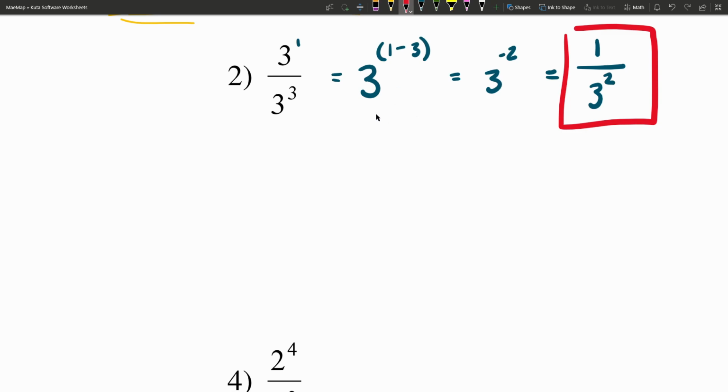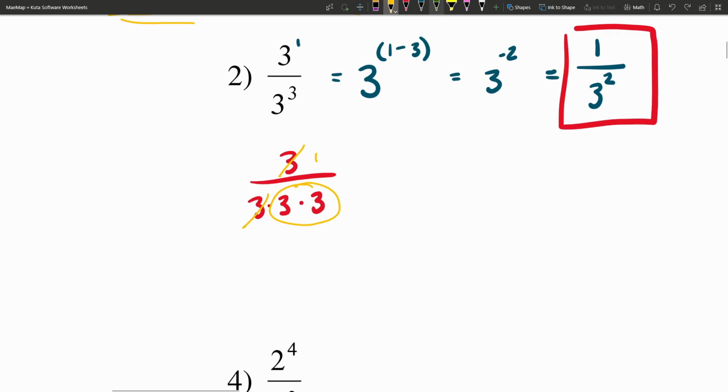Now let's look at this visually, just to help you out. So 3 to the 1st is 3. Divide that by 3 cubed, which is 3 times 3 times 3. When I cancel out the 3's that can be canceled out, I'm canceling out my 3 in my numerator with one of my 3's in my denominator to leave me with a 3 squared, but that's underneath my fraction bar, so it's 1 over 3 squared.